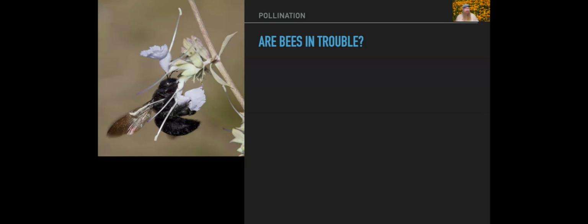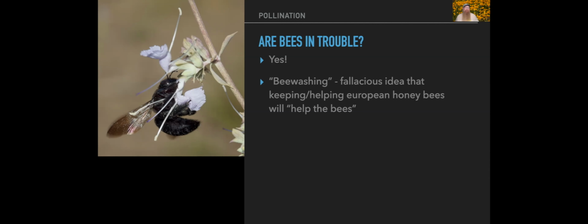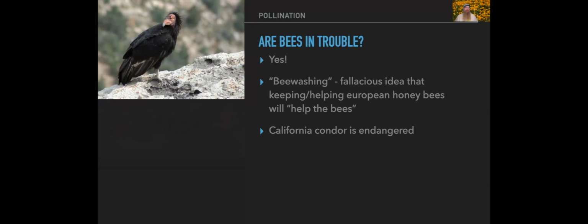So I've been asked a lot, are bees in trouble? And the answer is yes, they really are. There's a concept out there that we often call bee washing. The fallacious, which means incorrect, idea that keeping or helping European honeybees will help the bees. No, it doesn't. Okay, think about this.